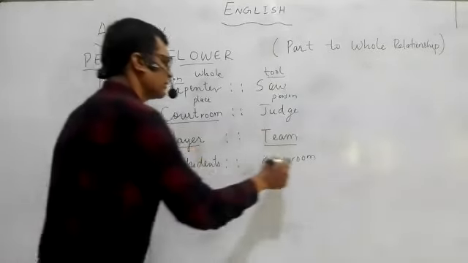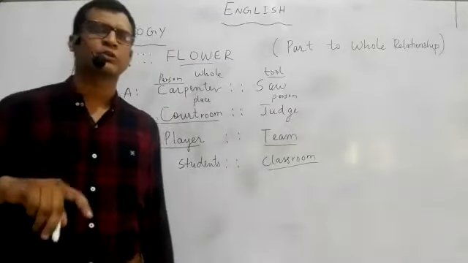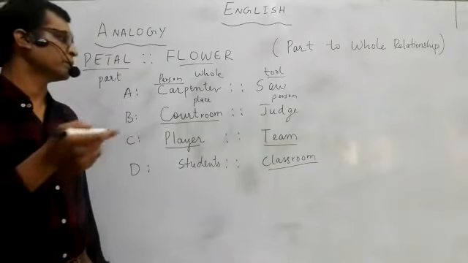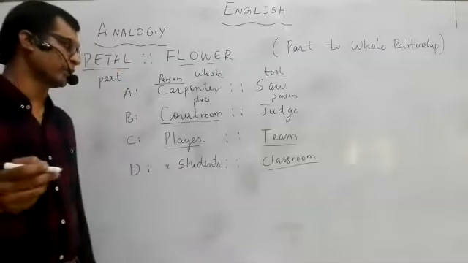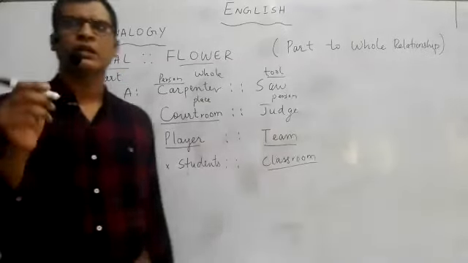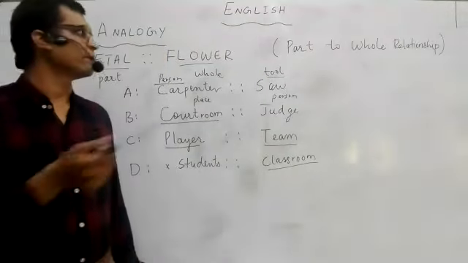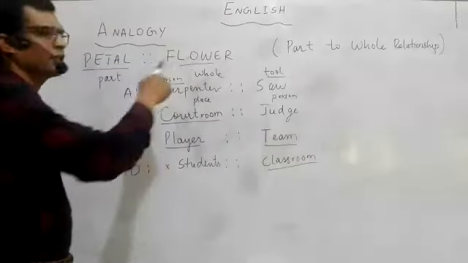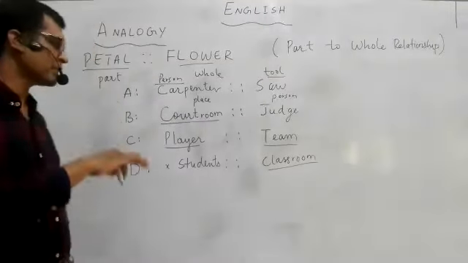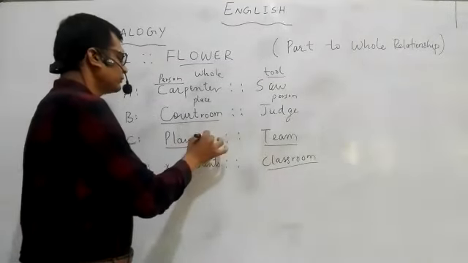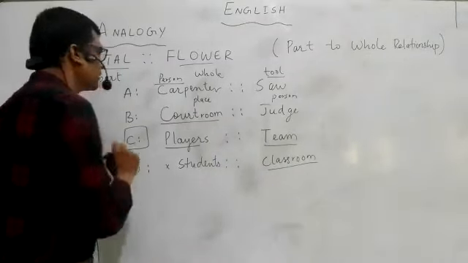We can say that a classroom will remain a classroom whether there are students or not. So in this case, this option will also not work. Only player and team, because if there are no players, there will not be any team. Similarly, if there are no petals, there won't be any flower. So in a way, petals are part of a flower. So we say that players are part of a team. So to us, this option C will work.